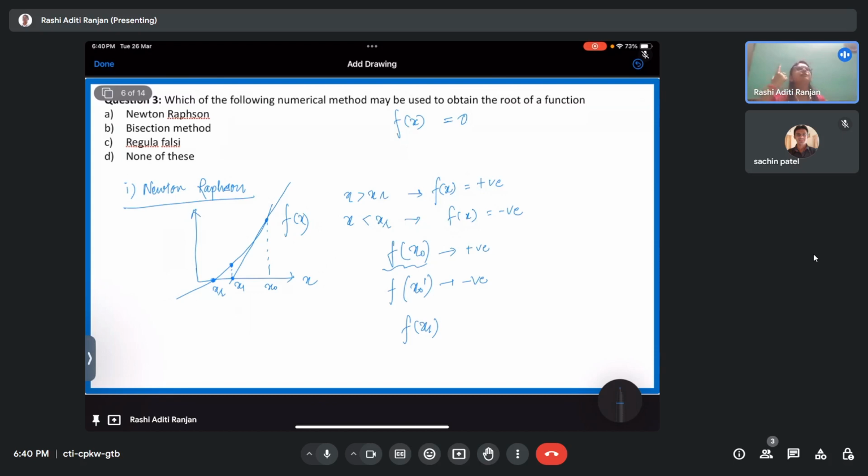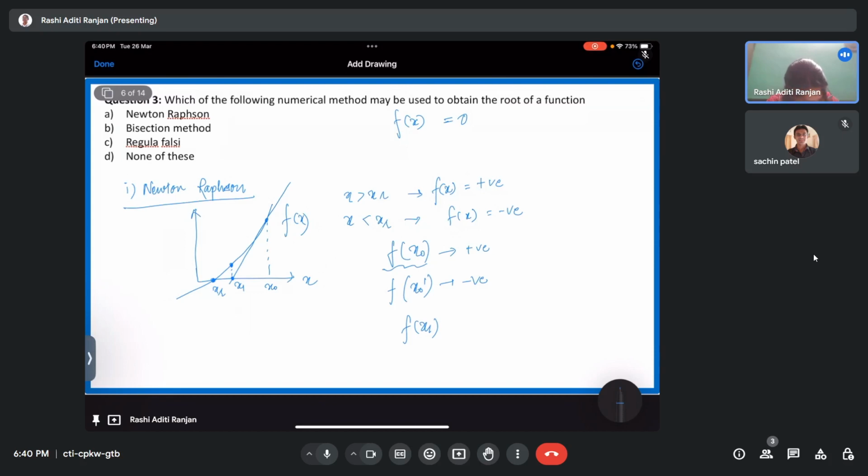First, I intuitively assumed that my x naught was near xr. Now I have got a new point x1 which is nearer to xr. Right, now what am I going to do? I am again going to plot a tangent at x1.